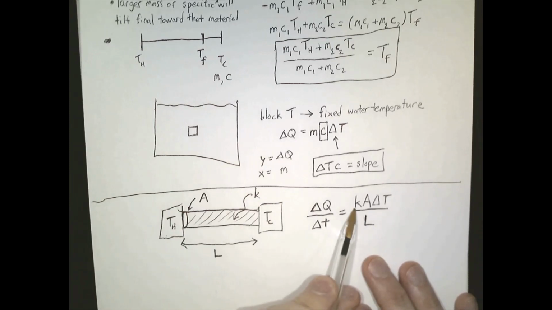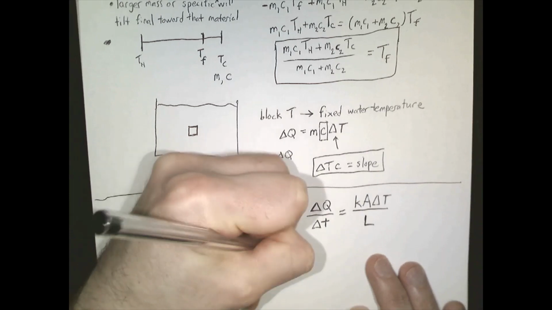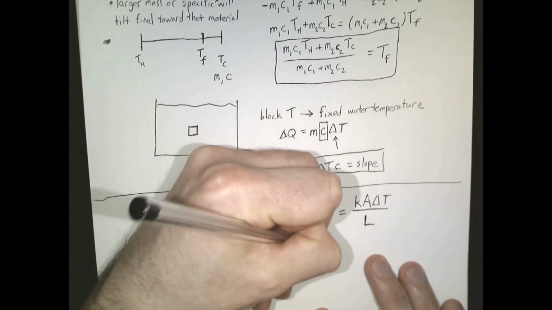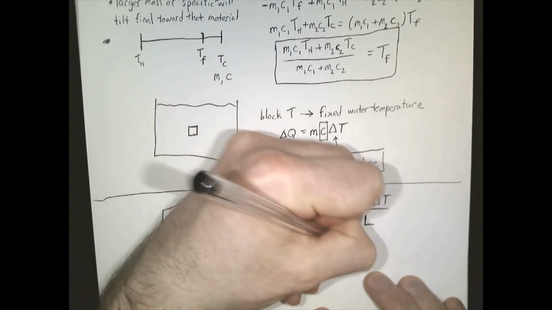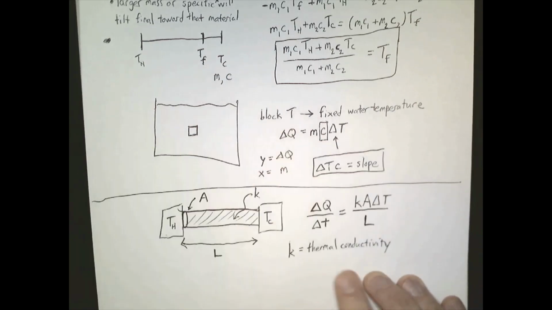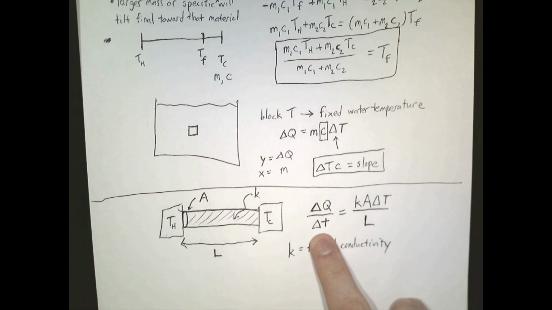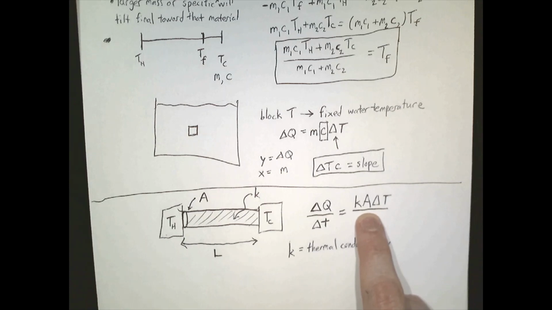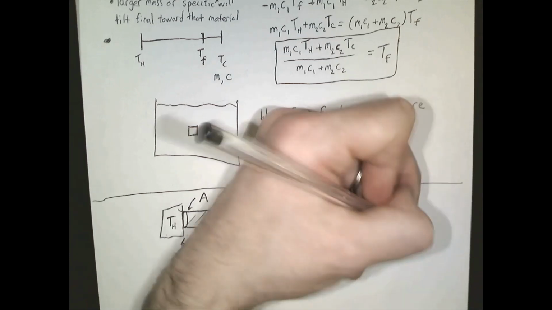If this material is better at transferring heat, K is the thermal conductivity. If it's better at conducting heat, it's going to transfer the heat faster. It's directly proportional. If the tunnel is wider, we have a larger cross-sectional area, we're going to get more heat transfer.